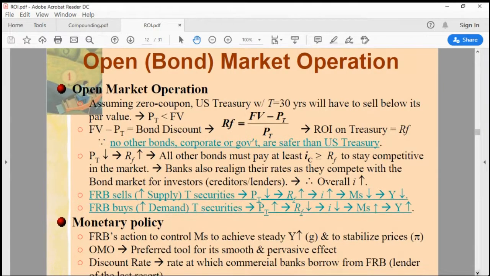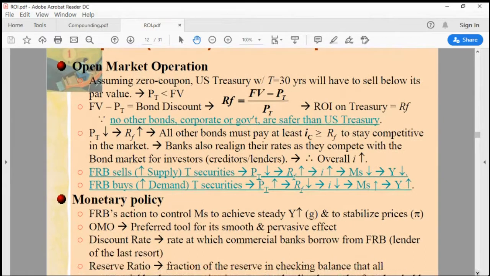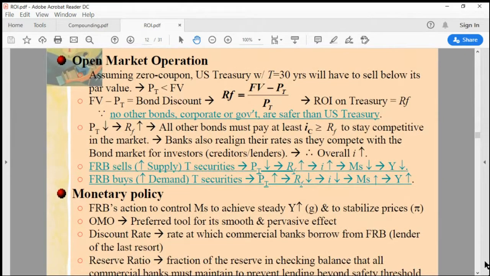Banks are competing with the bond market for borrowers, right? And if the bond market is paying higher return, higher interest, then the banks will have to also follow, right? So then the overall interest rate in the economy goes up, right?